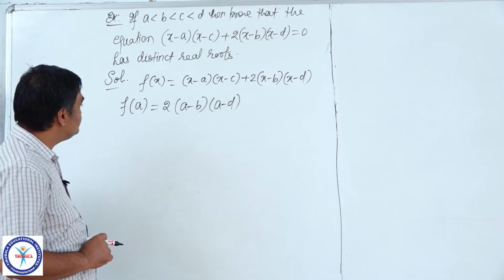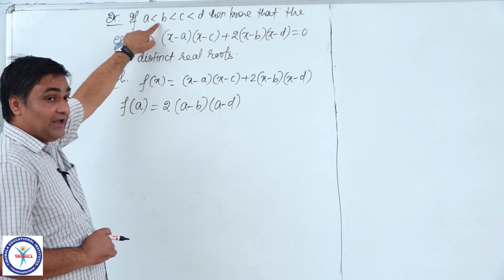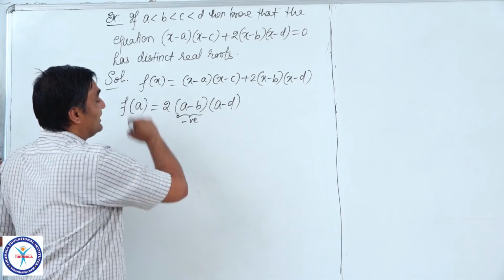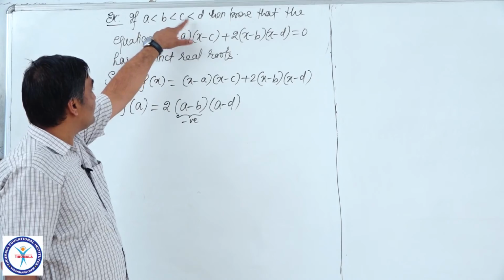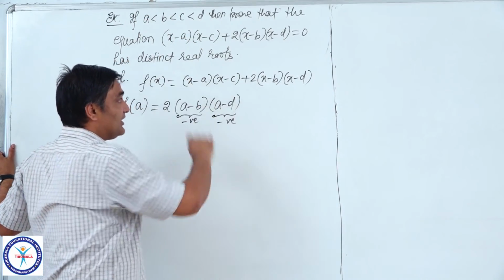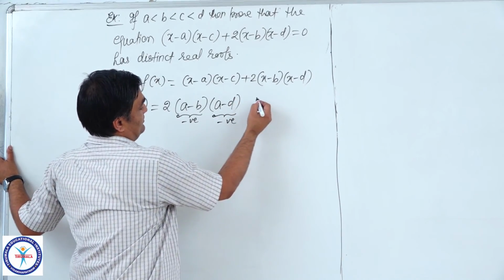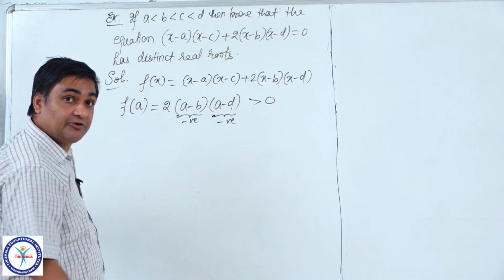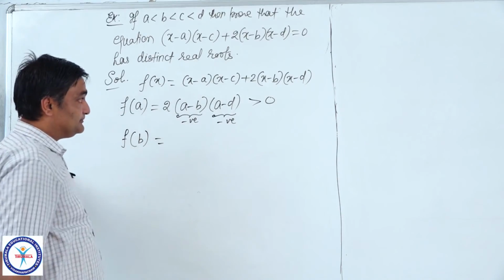See, what is a minus b? A is less than b, so a minus b is negative. And what is a minus d? A is also less than d, so it is negative. So, 2 into positive, it is positive. Now, what is f of b?